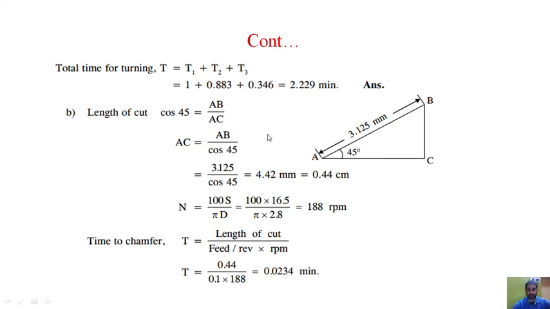So to find out this, cos 45 equals adjacent by hypotenuse. Hypotenuse is AC here.